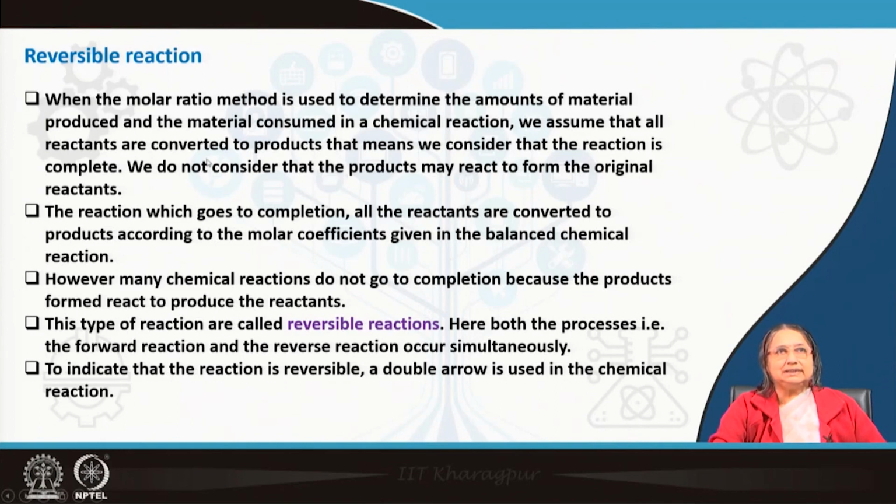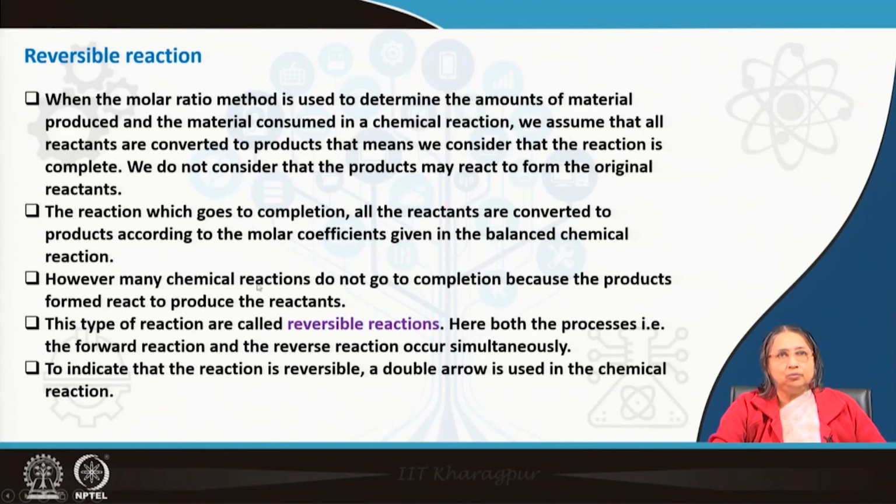That means 100% conversion. We never consider that the products may react to form the original reactants also. But in most cases, the reaction does not go to completion. In a complete reaction, all the reactants are converted to products according to the molar coefficients given in the balanced chemical reaction, with 100% conversion.